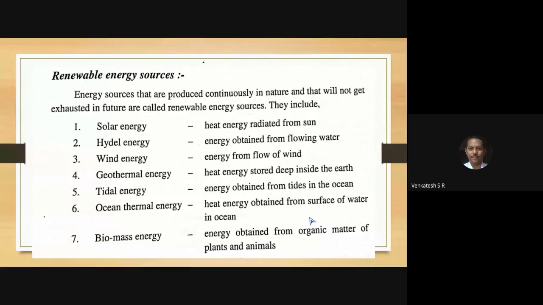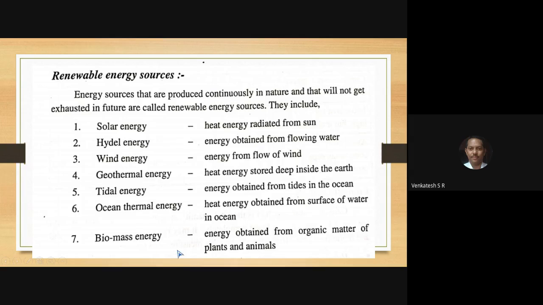In some countries they have to keep the buildings in warm condition. You can circulate the water around the building so that the temperature of the building rises up to 35 degrees or 40 degrees. So that is the ocean thermal energy.